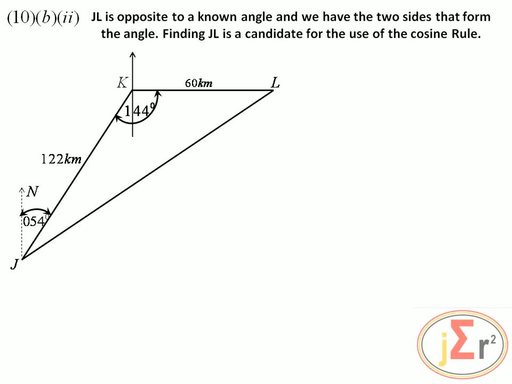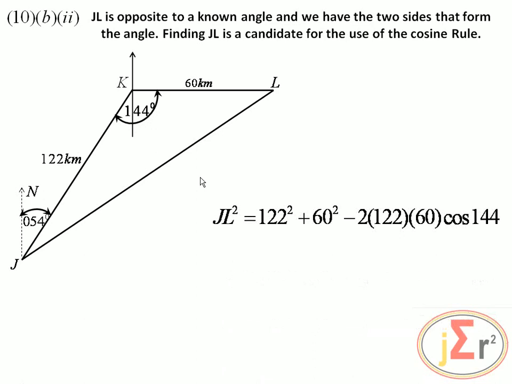It is always used when we have an angle and the two sides that form the angle, or we may say it this way: two sides of a triangle and the angle that the two sides form. It may be used to find the side that is opposite to the angle. That's a candidate for the cosine rule.